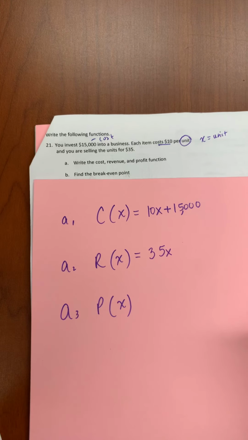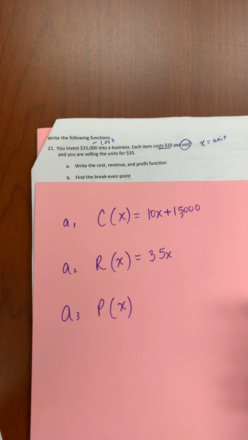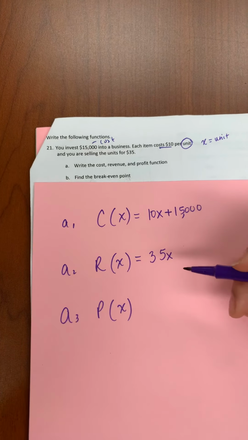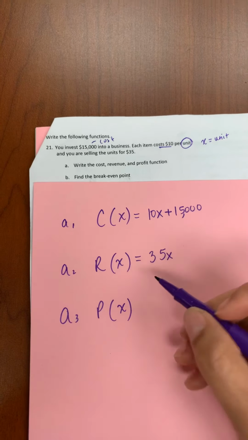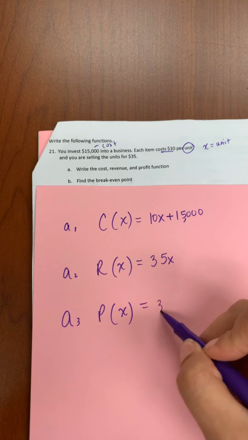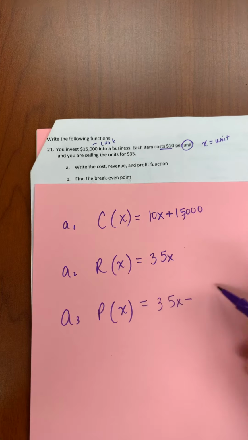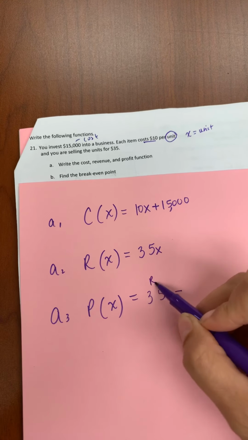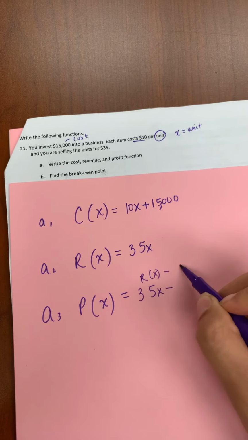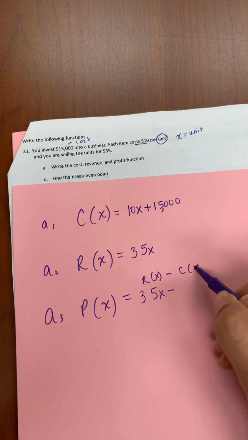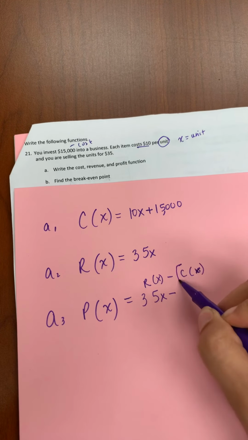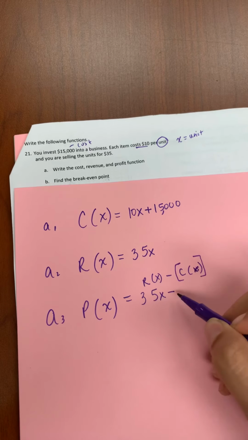Profit, on the other hand, is how much are you making? So you have to acknowledge it costs something to make something. And so your profit function is taking your revenue and subtracting your cost function. But be careful, remember this should be in brackets like when we were subtracting functions.